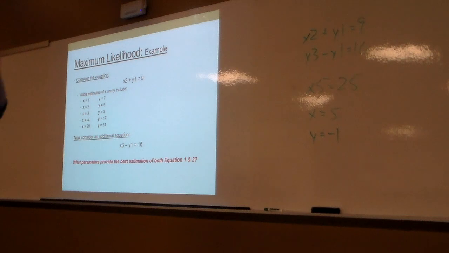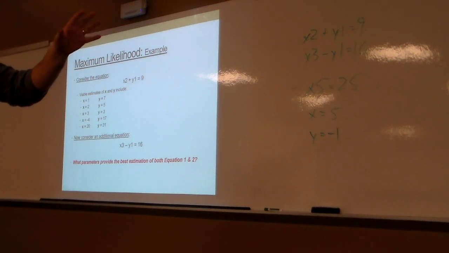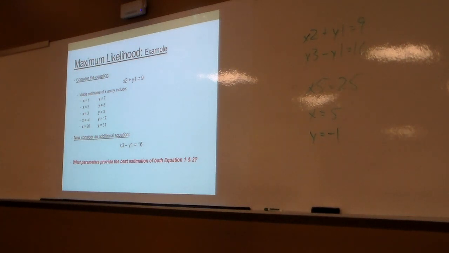This is convenient. I don't need maximum likelihood estimation to do this. But think about these equations as kind of like the data that you have, right? What we're trying to find, and x and y are going to be the coefficients in your model, is what coefficients best reproduce the actual data that we've observed.